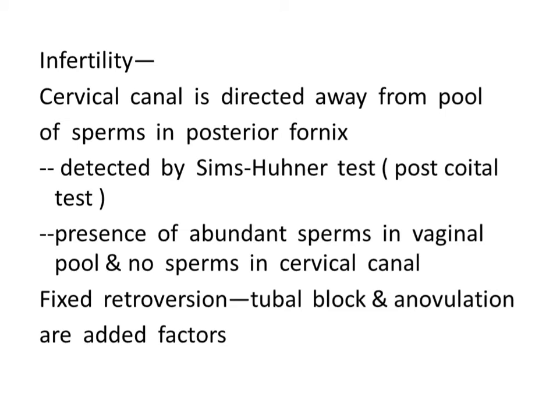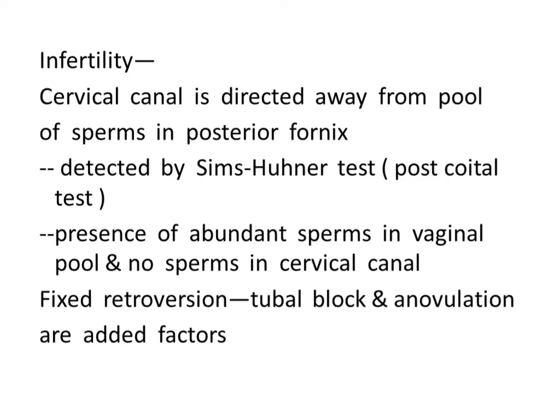Now, if sperms are present in the cervical mucus, it means that the sperms have gained entry into the cervical canal. If there are no sperms in the cervical mucus, but sperms are present in the vaginal pool, then it means the sperms have not gained entry into the cervical canal, and that may be one of the factors causing the infertility.